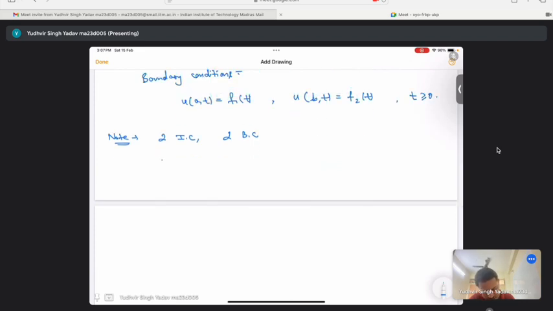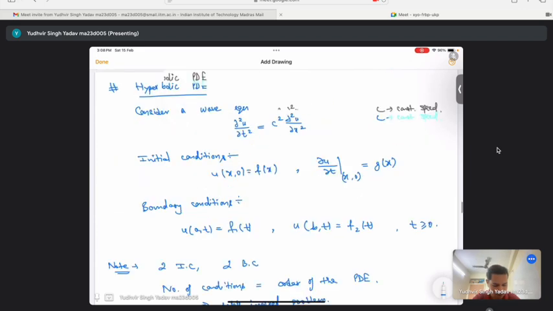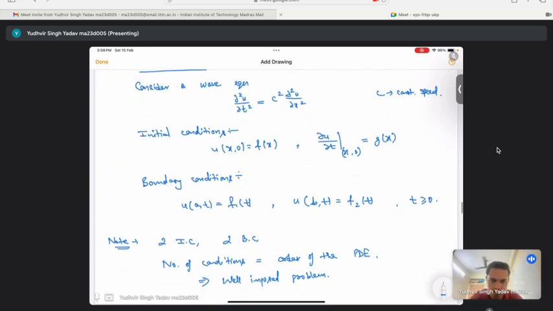As we have seen, if the number of conditions associated with any system of equations equals the order of the differential equation, then it is said to be a well posed problem. Here we have second order with respect to both time and space.